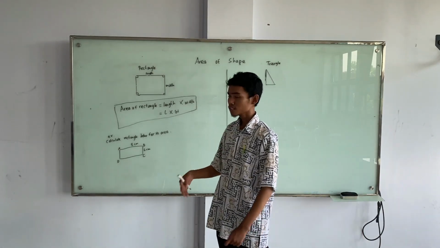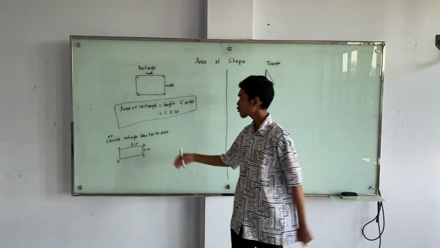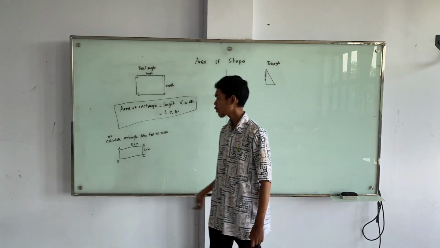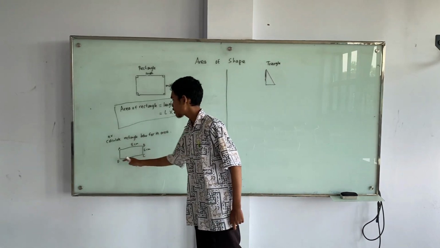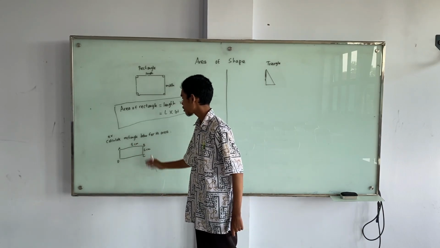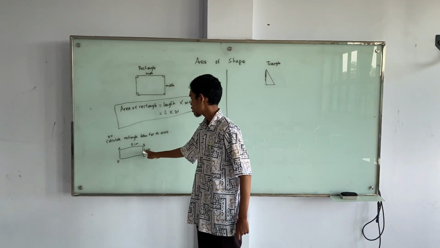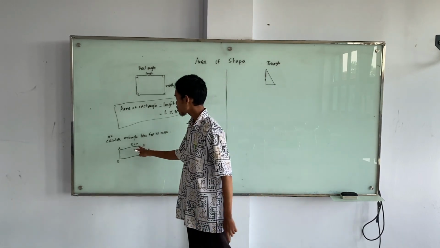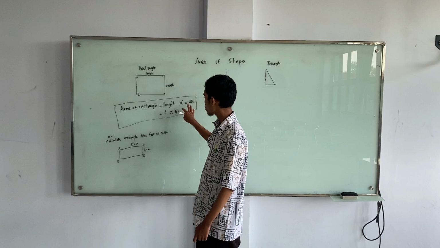In this example, we calculate the area of the rectangle below. There is a rectangle ABCD, where AB is 8 cm and BC is 6 cm. We know that the long side is length and the short side is width.